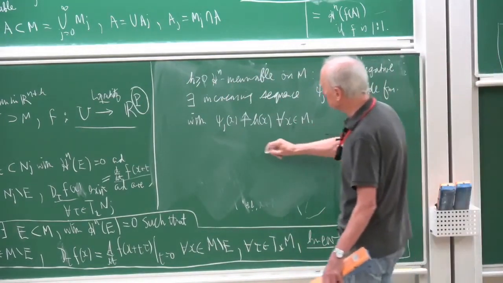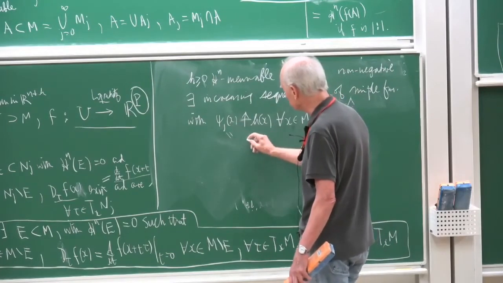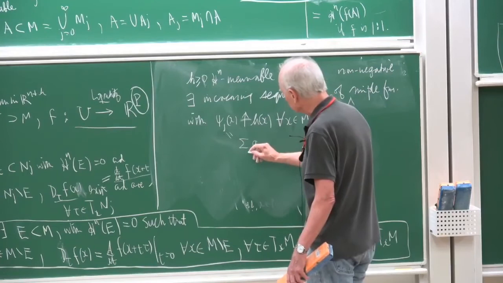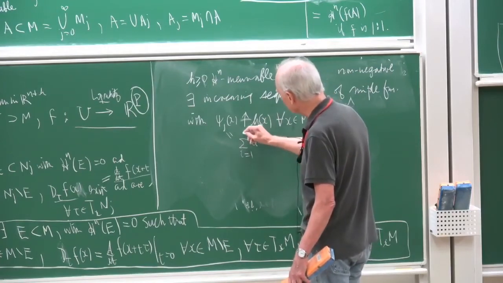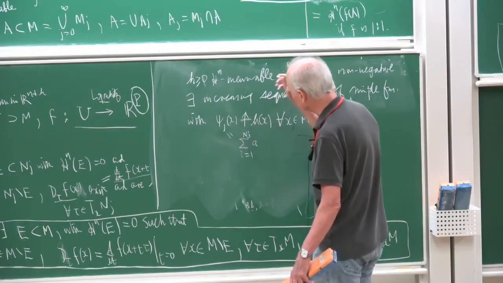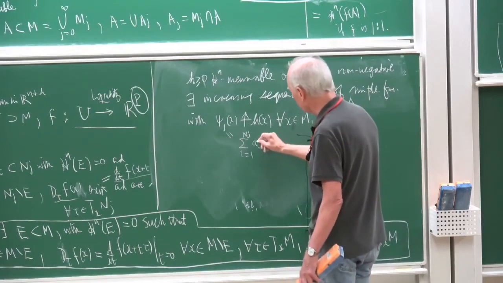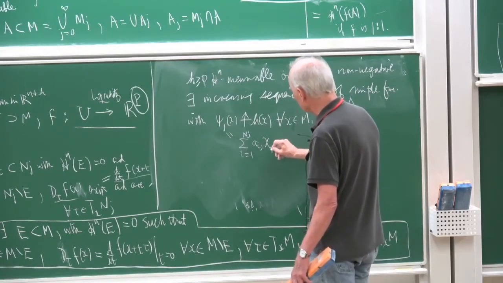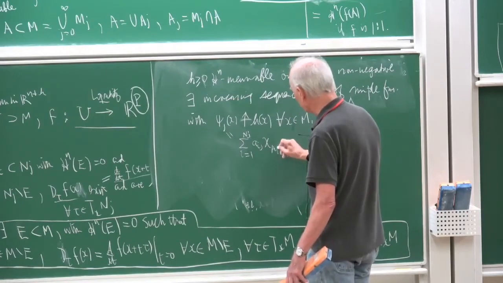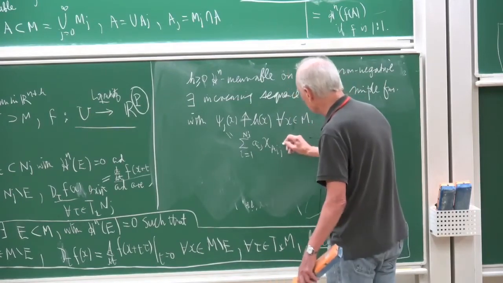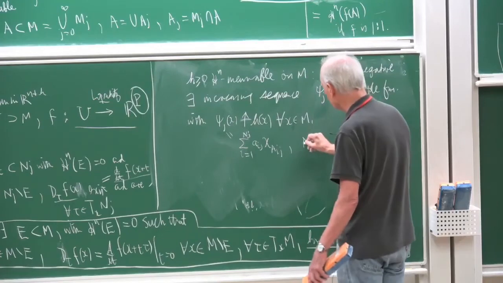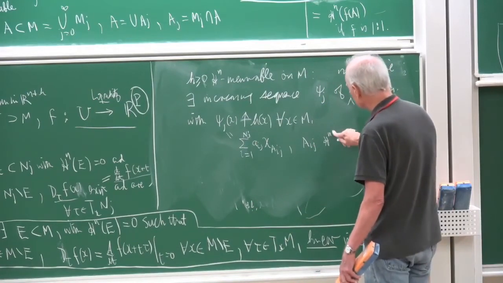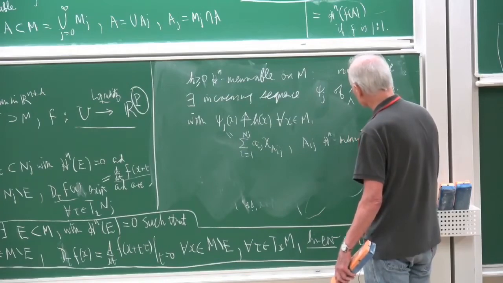And remember, each of these φj's is a simple function, so it has the form the sum from i equals 1 up to some number nj, depending on j, of aij times the indicator function of Aij, where each Aij is Hn measurable and they're pairwise disjoint.